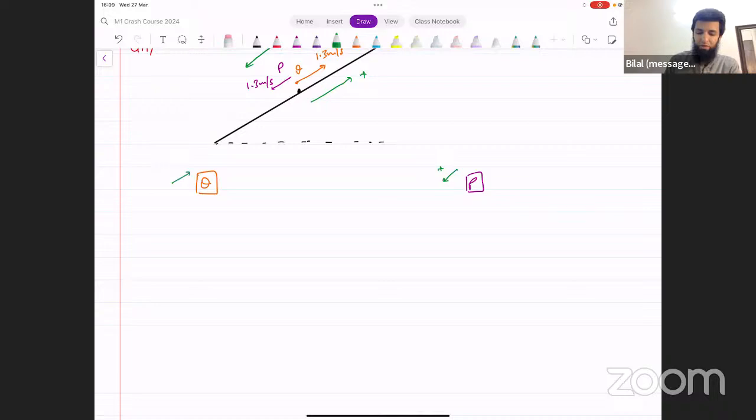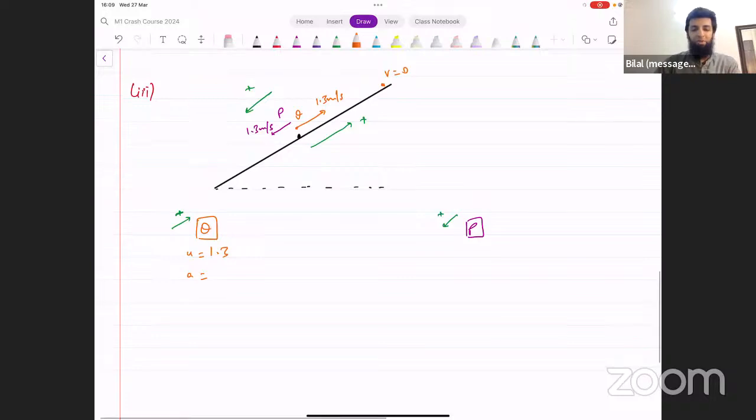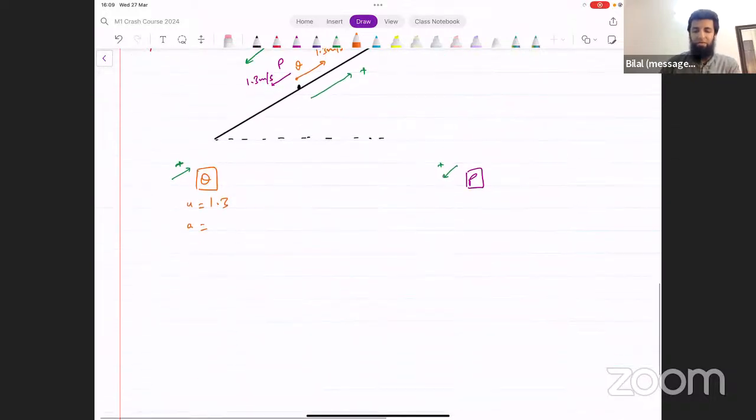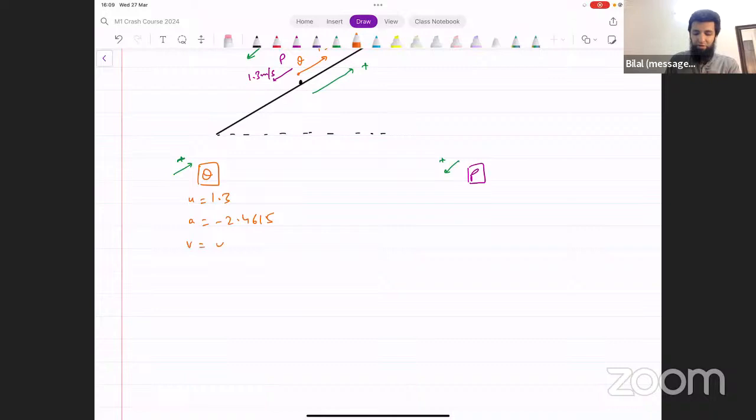For Q, moving upwards, we take that direction as positive. Initial velocity for Q was 1.3. We also know acceleration now. Since we are taking up the plane as positive, acceleration is going to be negative, so minus 2.4615. What else do we know? Final velocity is supposed to be 0.